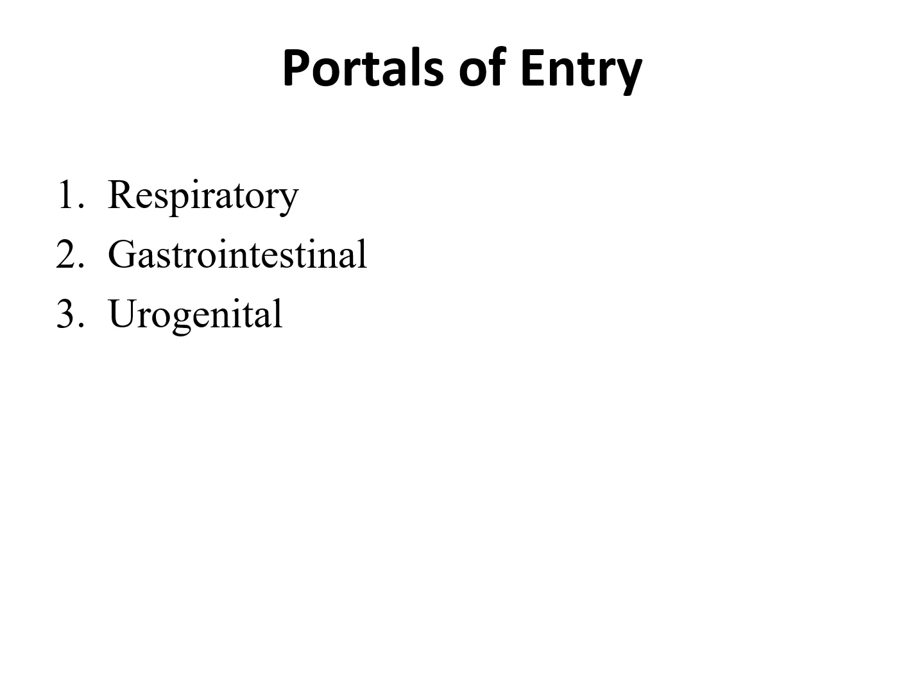Then the other two portals of entry, skin, would be the next common, by virtue of the fact that we're covered with skin, and our skin comes in contact with objects that harbor the microbes. The least common portal of entry is the blood, the parenteral route, when microbes are injected into our bodies, into the blood.